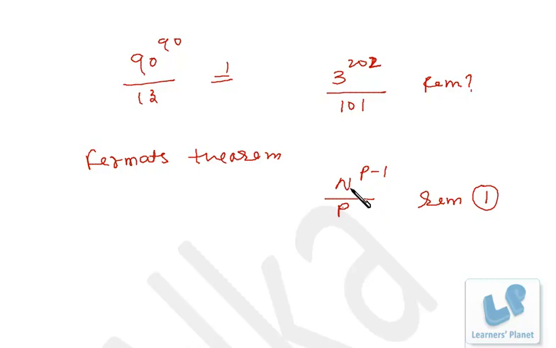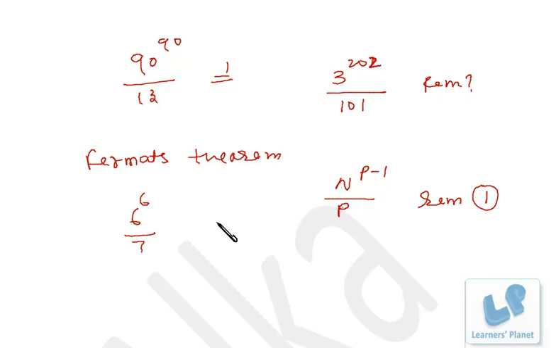Again, listen to me carefully. n is any number, not necessarily prime, but P is a prime number. So n and P should be co-prime to each other. So n raised to P minus 1, if it is divided by P, the remainder will be 1. Suppose I take n as 6, so 6 raised to 6, if it is divided by 7, the remainder will be 1.